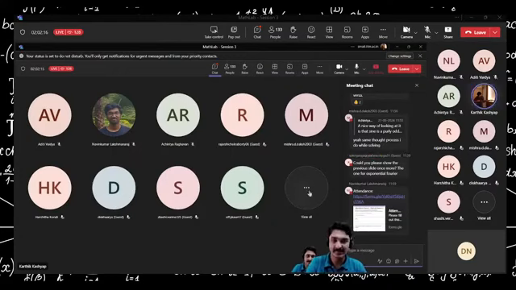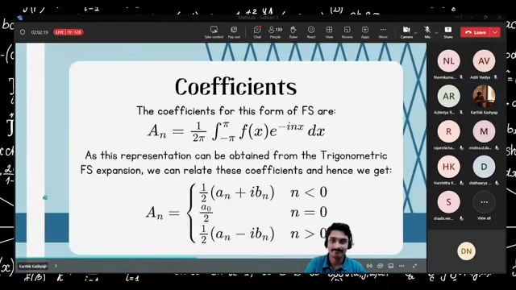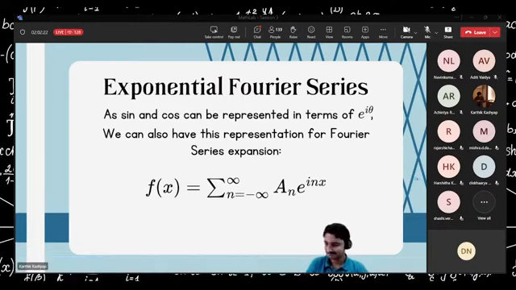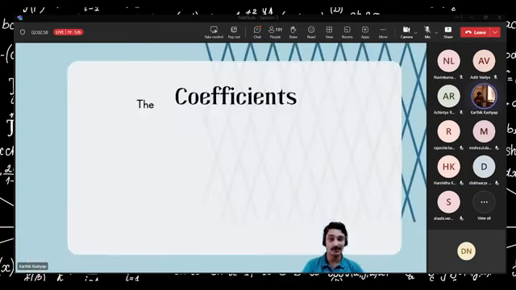Okay, I'll show the slide for the exponential Fourier series again. If you have seen this, I'll move on to the next one.